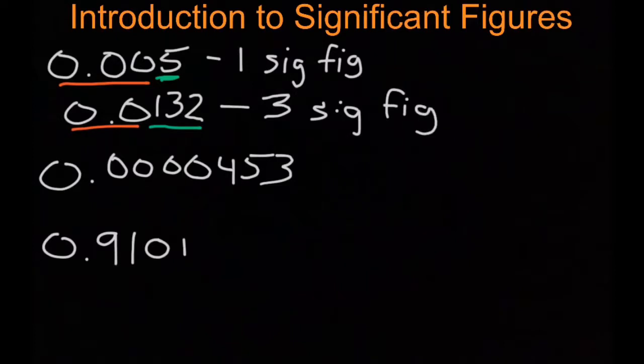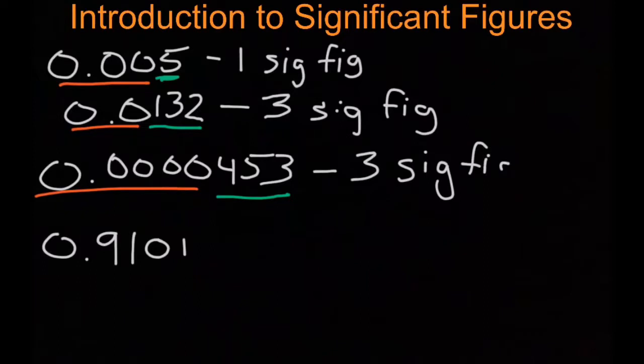For our next one, we have these 3 numbers that are significant, and all our zeros in front, which are not significant. So we have 3 sig figs for this one. So how about the next one? For this one, we have this value right here, but as you can see, there's a 0 in between.